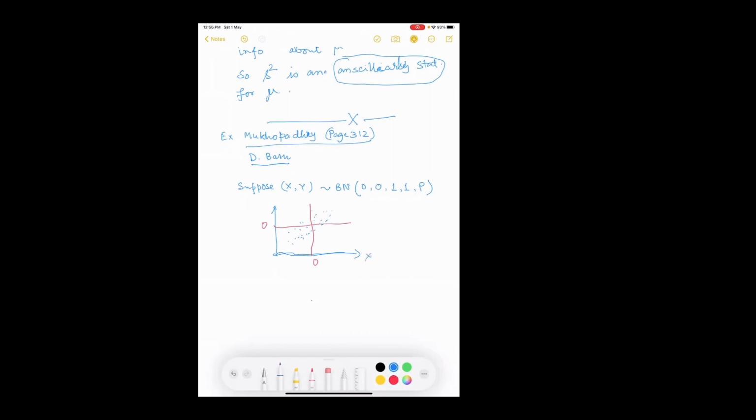If this is X, this is Y. This is the marginal distribution of X, which is between, say, minus 2 and 2. Similarly for Y, you have minus 2, minus 1, 0, 1, 2.